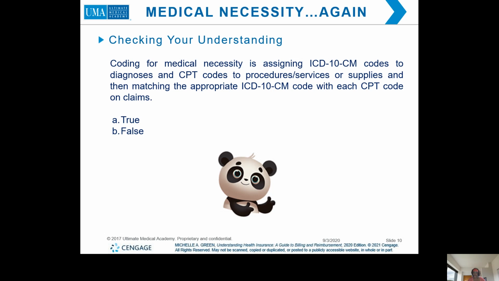Is it true or false that you match a CPT with an ICD-10, which tells your insurance company why the service occurred? Like Jeopardy. And of course, our answer is true. That's the definition of medical necessity.